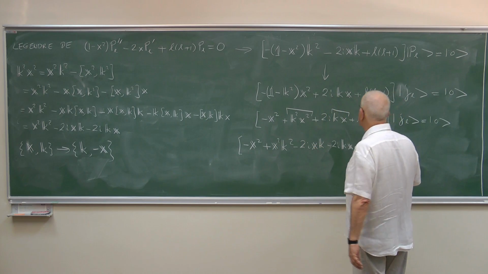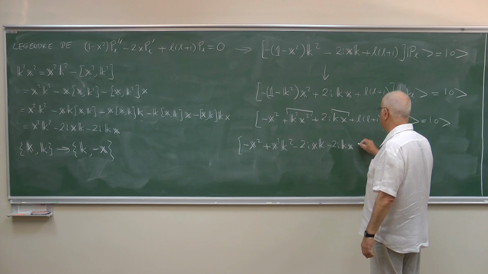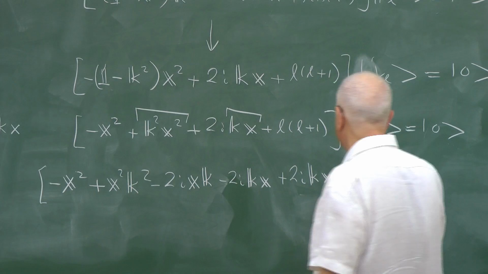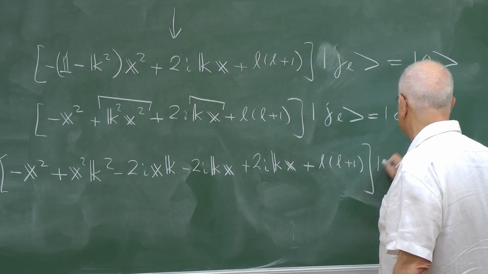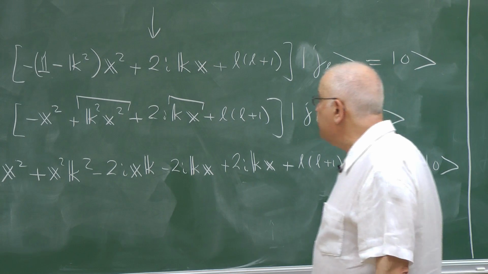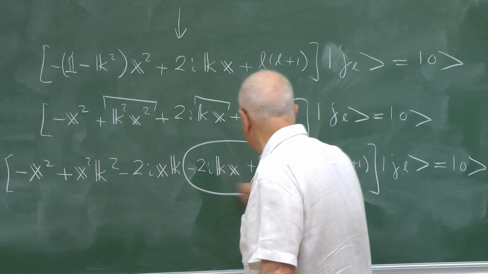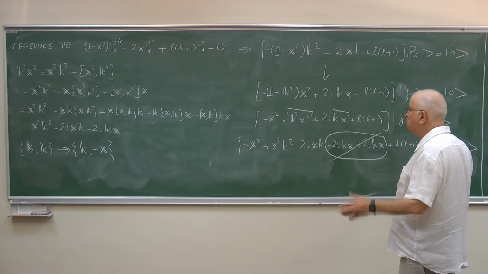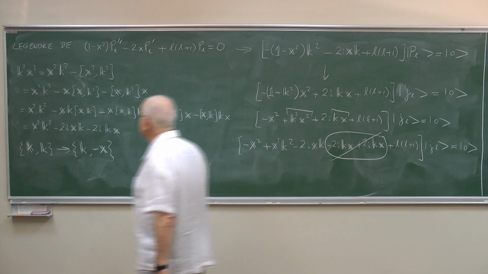I'm done. Now I start writing the rest of the operator, plus 2i kx plus L, L plus 1, close the square bracket, J_L ket equals nothing. You see, very conveniently, minus 2i kx and plus 2i kx cancel each other. So I have an entirely different differential equation.